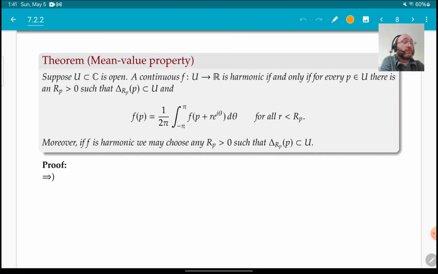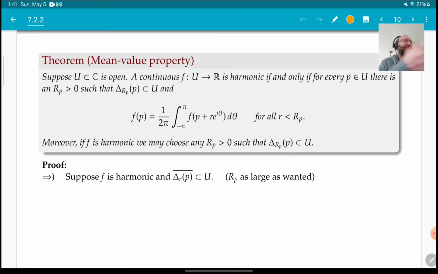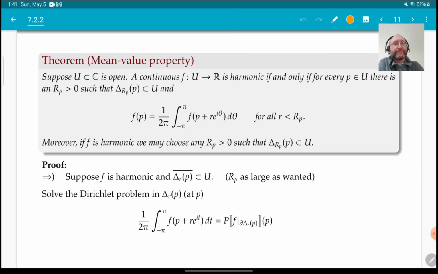All right, so let's look at the other direction. Let's start with what we've basically proved. Suppose that you have a harmonic function and a closed disk that's completely in U. Basically, we're picking this capital R as large as we want. So let's solve the Dirichlet problem in this disk.